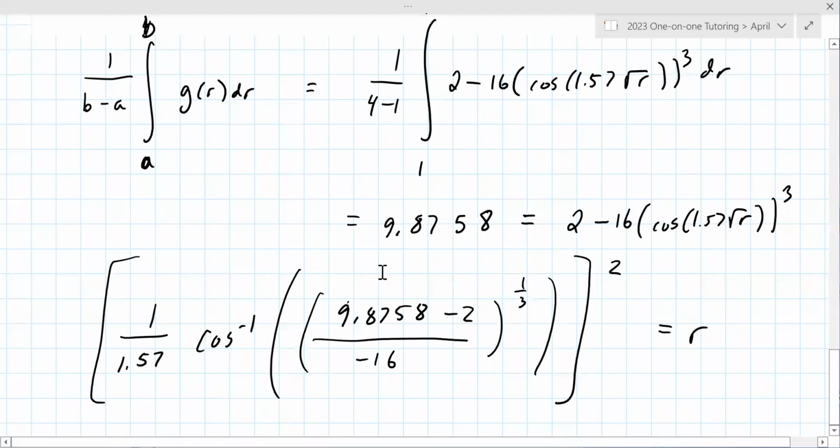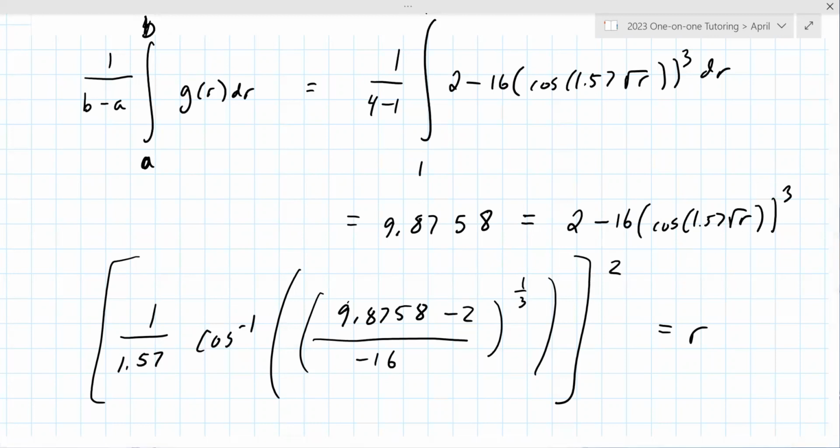Wait, so we're squaring the, okay. Yeah, the last piece to get to that is, oh, the whole thing we're squaring. Yeah. Okay.